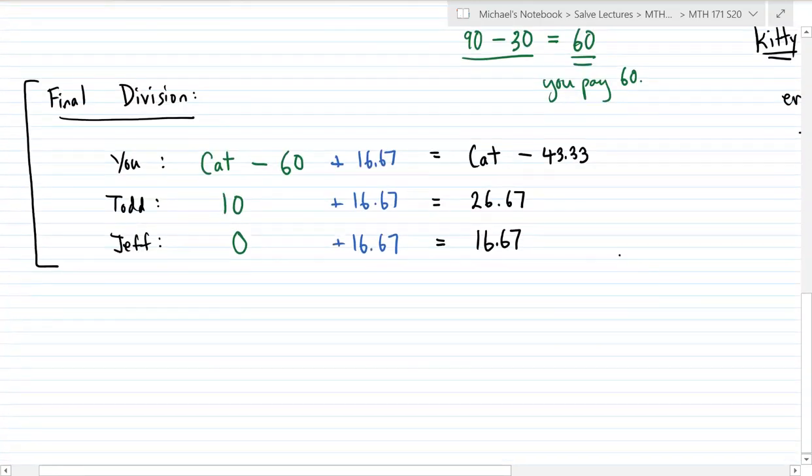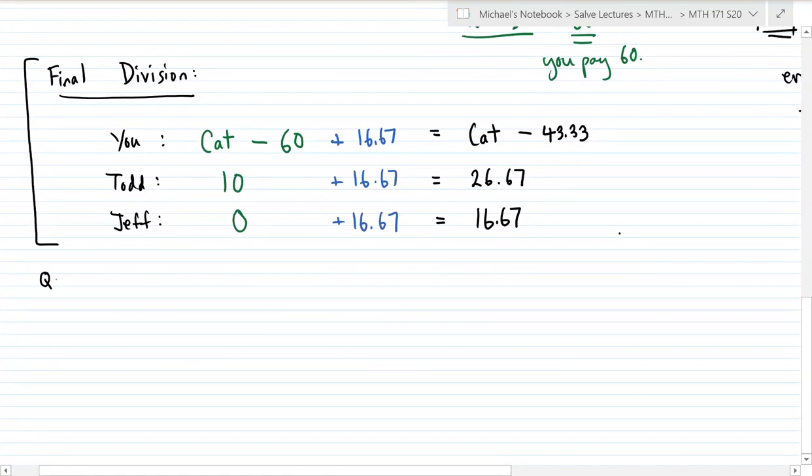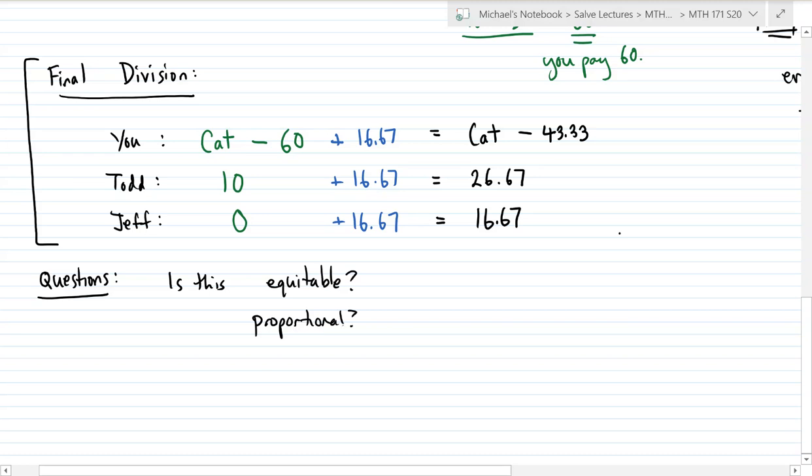All right, and so just some questions to think about. Is this equitable? Proportional? Envy-free?